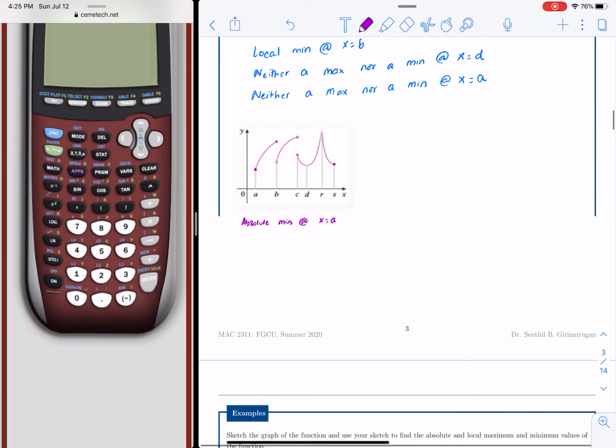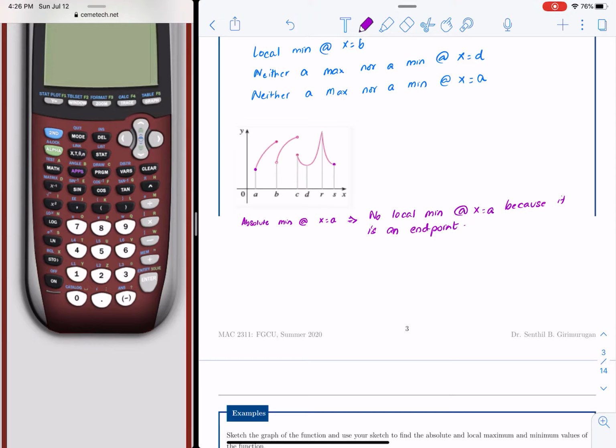It is smaller than every single value in the domain of the function. Could that be a local minimum? No. Can't be because it is an endpoint.